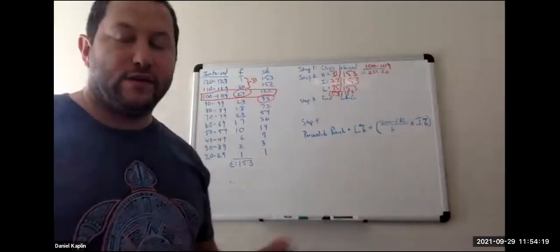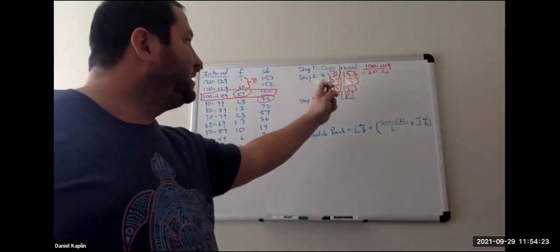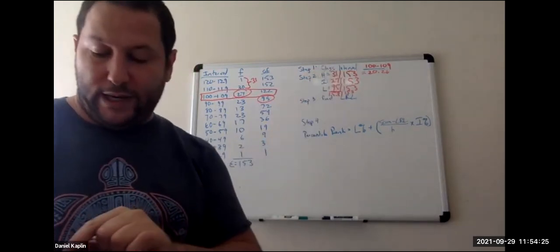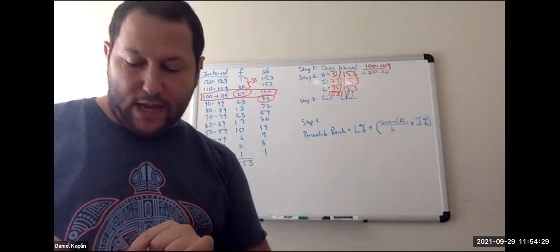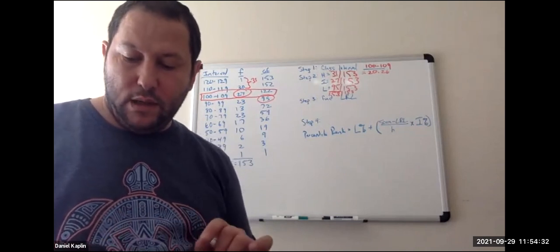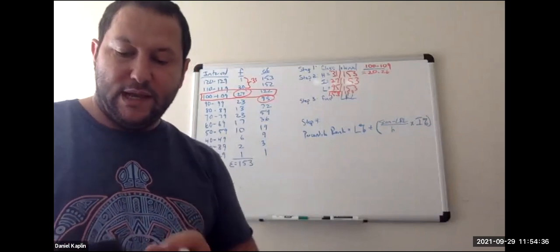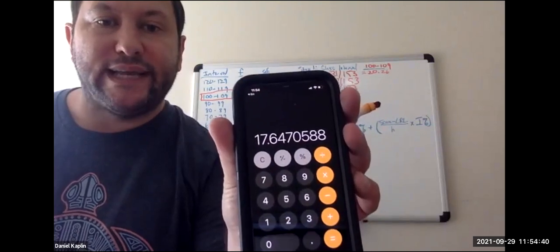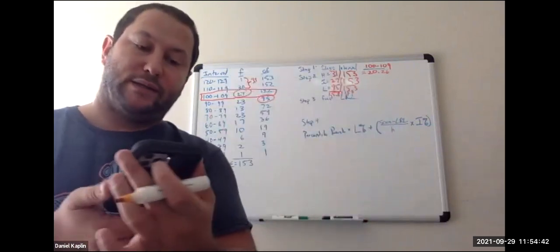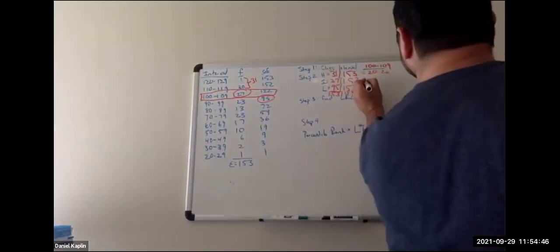The second number we had was 27 divided by 153. So we do 27 divided by 153 and multiply that by 100 to get a percentage. And here I get 17.647, which I'm going to round to 17.65.